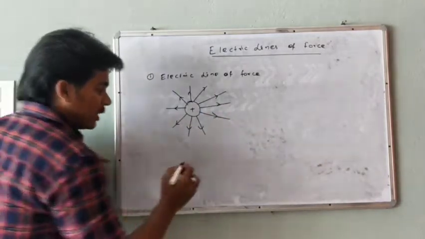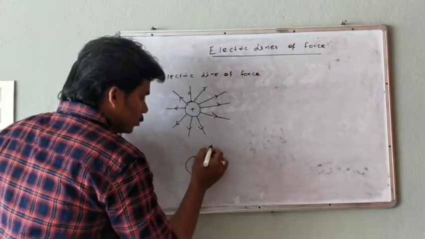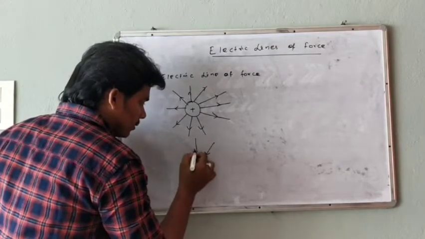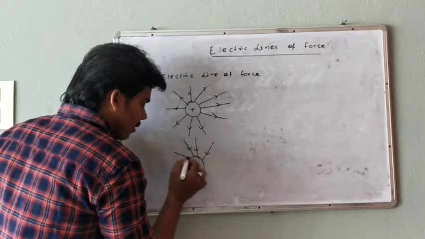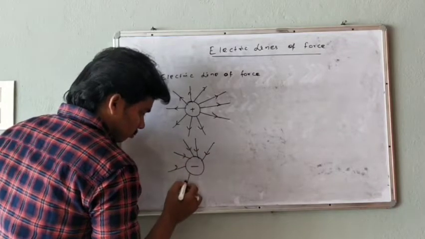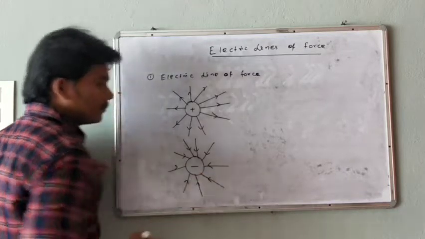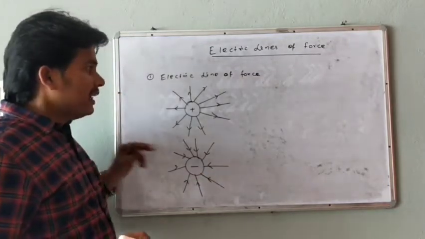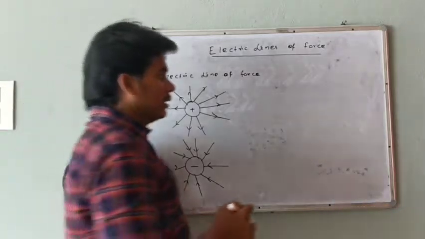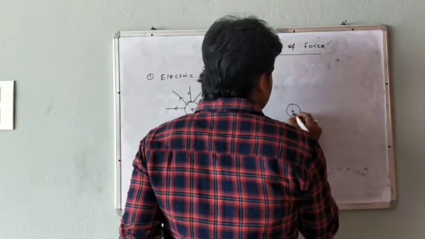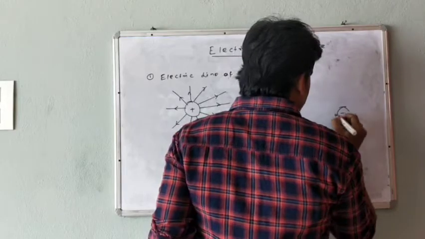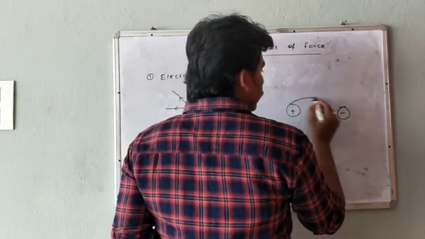If this is a negative charge, the lines will be approaching, or inward. Understand? If there is more than one charge, let's take a positive charge and a negative charge, then the lines will be in such a way.